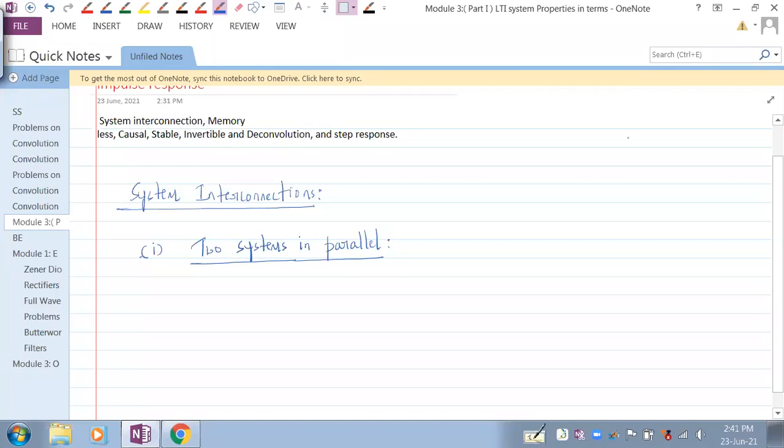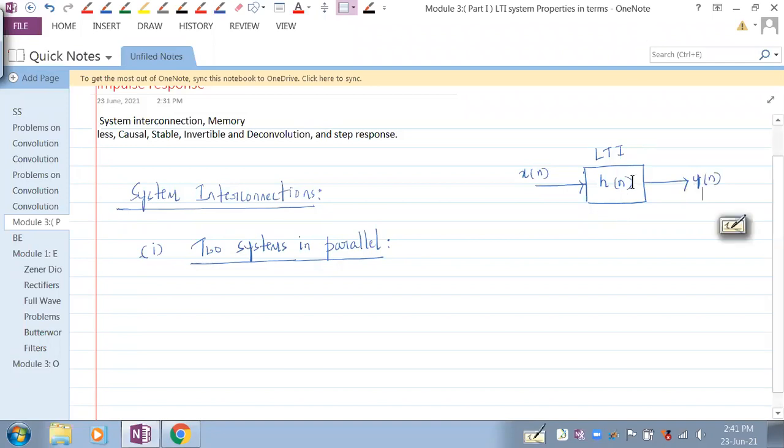Everybody should understand every LTI system is characterized by its impulse response. h of n is the impulse response, and x of n is the input, and output of LTI system is y of n.